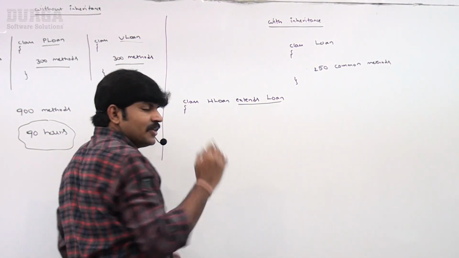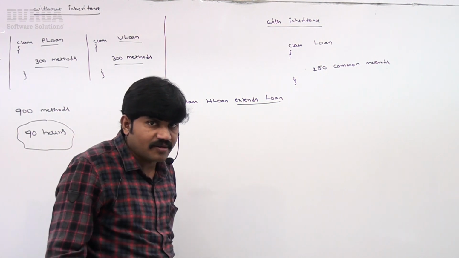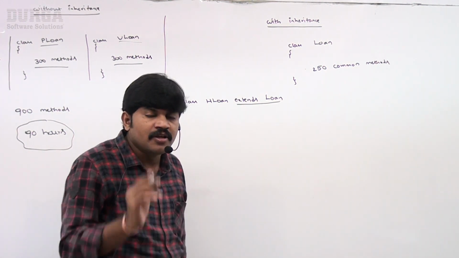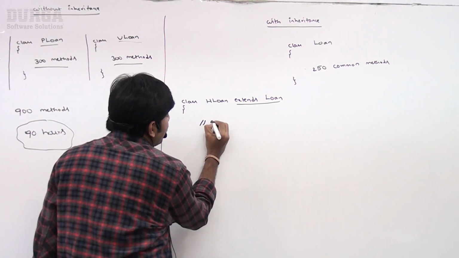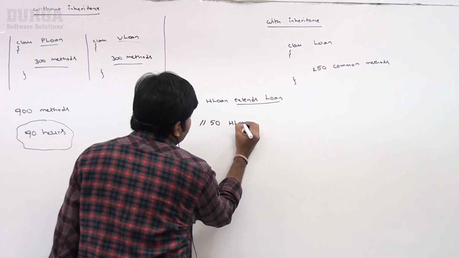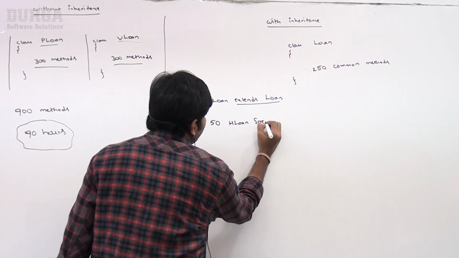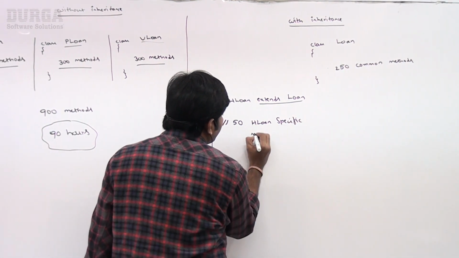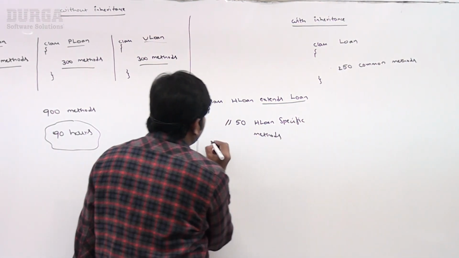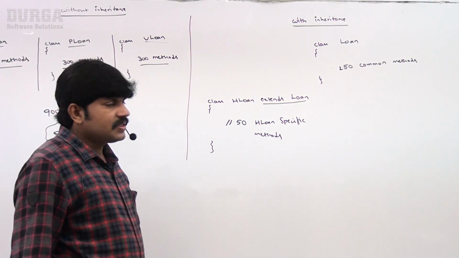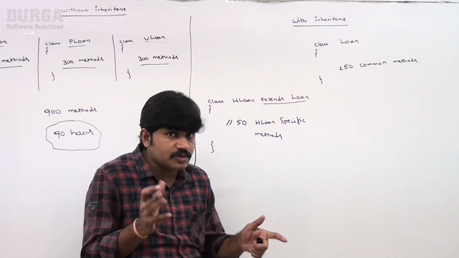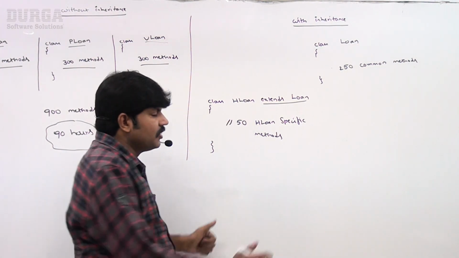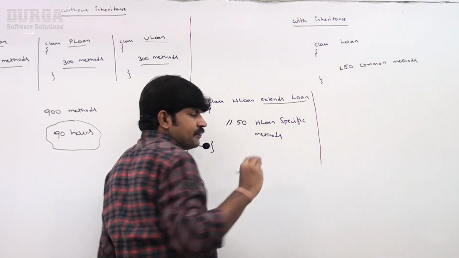We are not required to rewrite them. Now the remaining 50 home loan specific methods you have to write here. That's all: write the common methods in the parent and the child specific methods only in the child class. Housing loan completed.